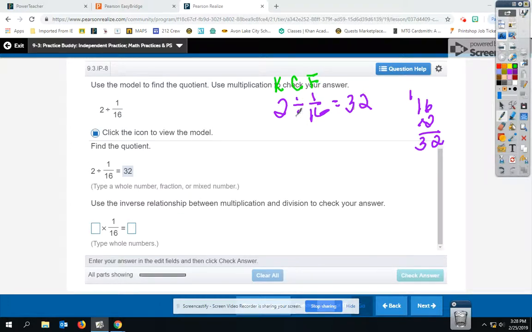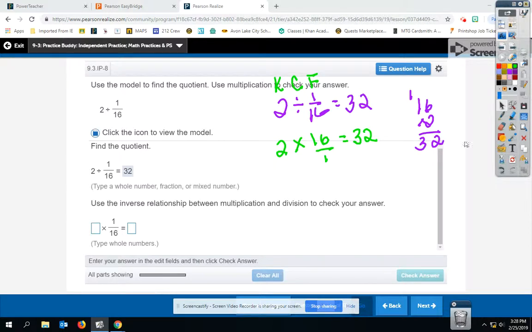So if I were to rewrite this, I would keep the 2, change the division sign to a multiplication sign, and flip that fraction over into 16 over 1, which is called the reciprocal. 16 is the reciprocal of 1/16, just like 1/16 is the reciprocal of 16. And 2 times 16 is 32.